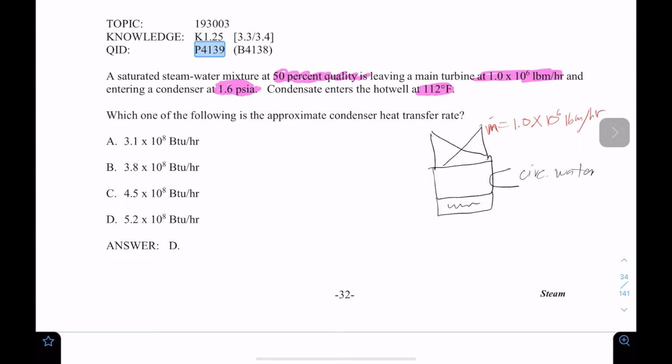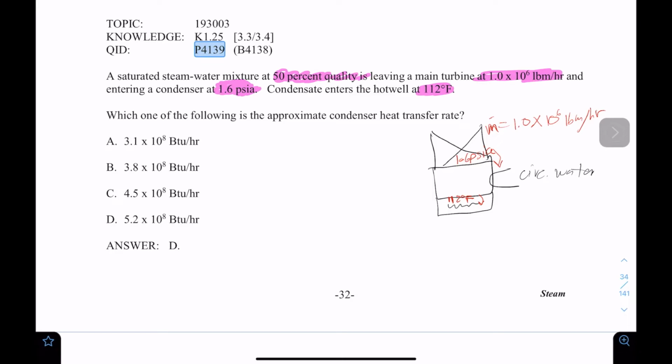So this is the flow rate, what comes in comes out. Then we know that the condensate enters the hot well. So this is where the hot well starts, at 112. And it's telling us that it's entering the condenser, meaning that it's exiting the turbine at 1.6 psi, right? So this one goes here, and this is inlet, this is outlet, right?